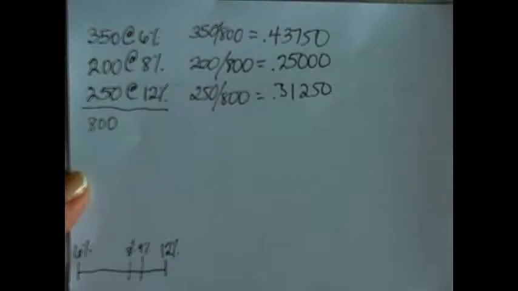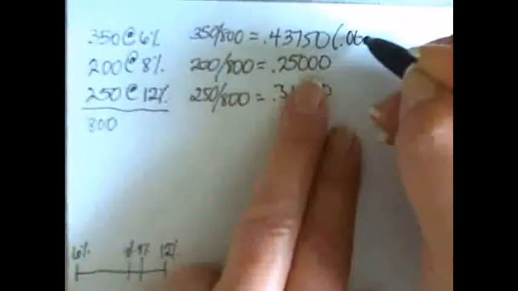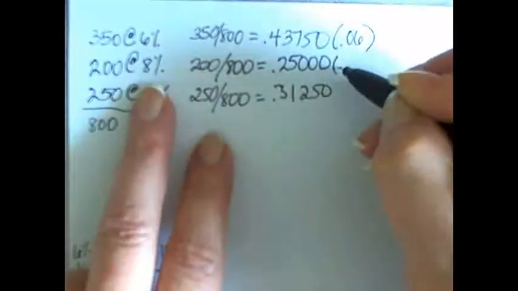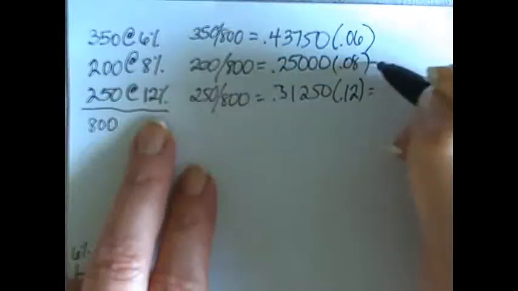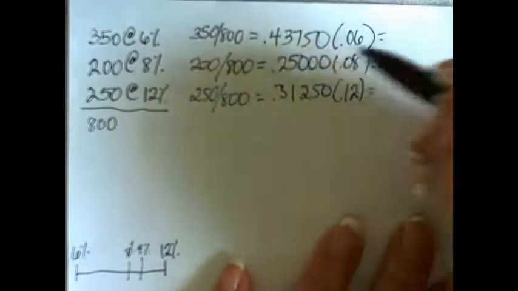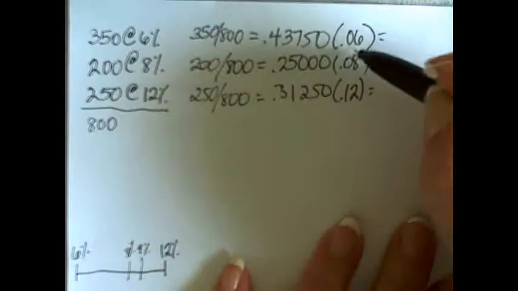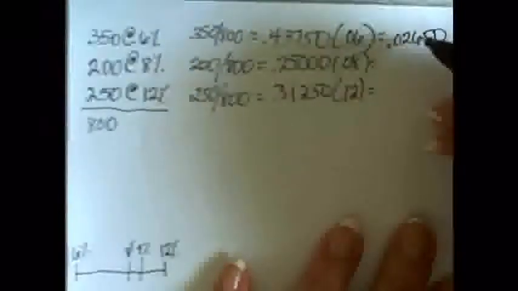And the next thing I do is I multiply the weight of each loan by the interest rate. So here it is 0.06, and the next line is 0.08, and the next line is 0.12. When I take 0.43750 and multiply it by the interest rate, I get 0.026250.